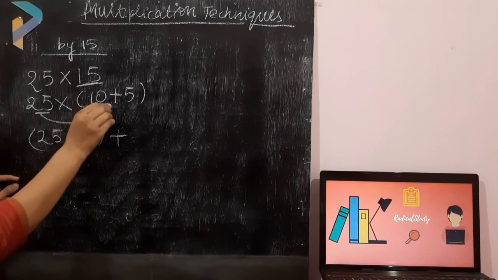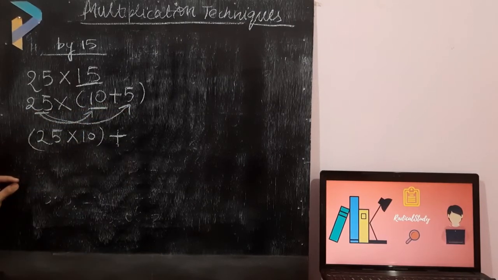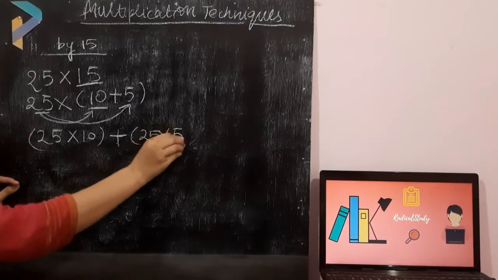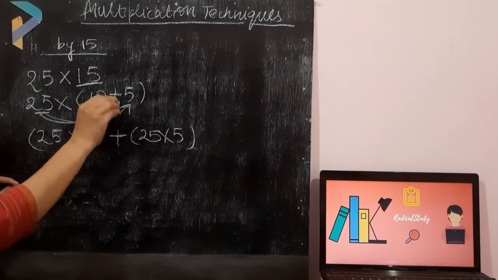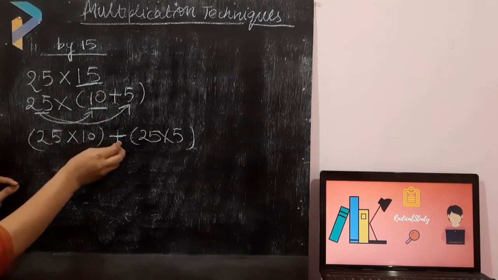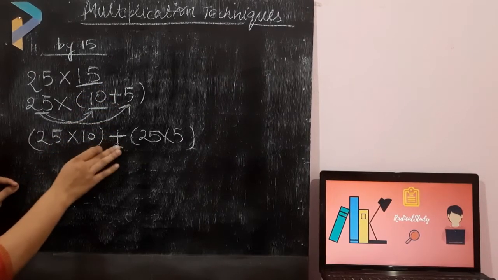So we have multiplied it with 10. Now we are going to multiply it with 5 also. So 25 multiplied by 5, and as there was an addition sign, I have kept addition. If there had been a subtraction sign here instead of addition, we would have put a subtraction sign.